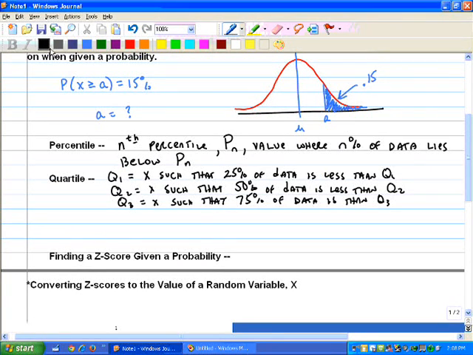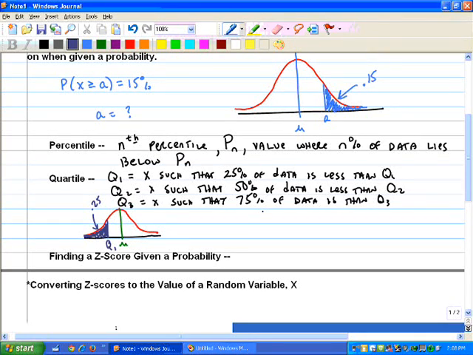In these cases, because we're talking about a normal distribution, Q1 would be the value on the x-axis where the area under the curve to the left of Q1 was 0.25.